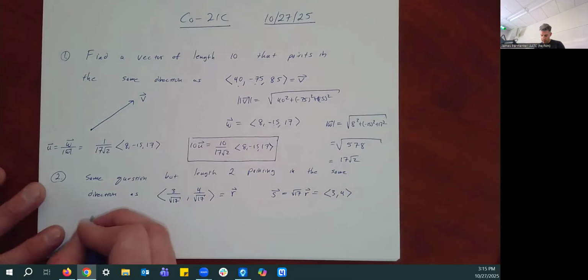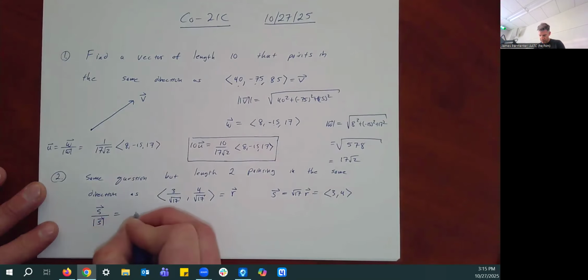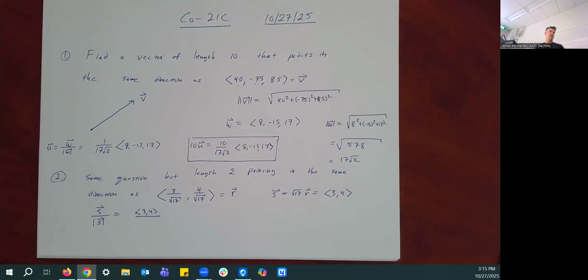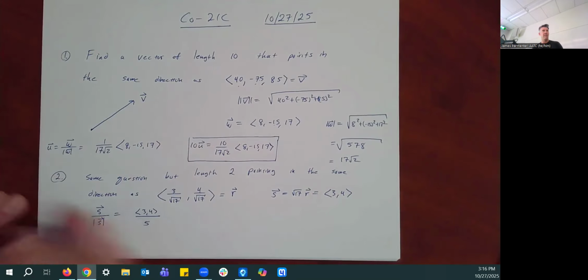And then S divided by the magnitude of S is going to be 3 comma 4 divided by, what's the magnitude of that vector? You've seen 3, 4 enough to know that the hypotenuse of that right triangle is 5.